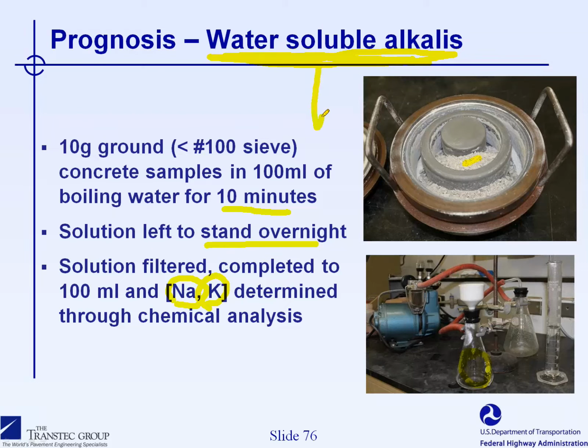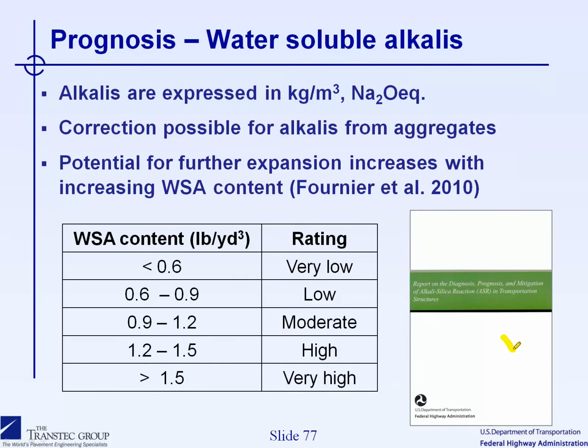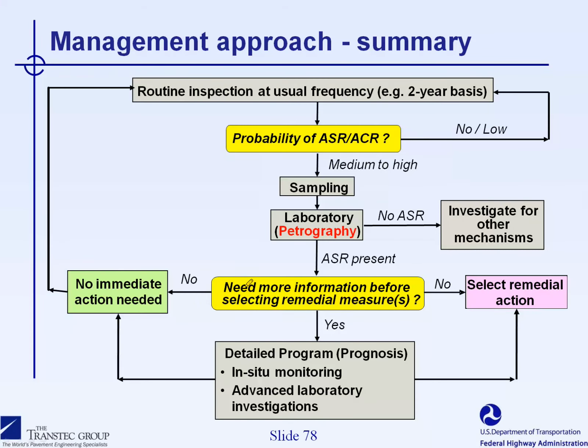And this gives the actual residual water-soluble alkali content in the concrete. And as part of this document, we're providing once again a table for the interpretation of the results of the residual water-soluble alkali content to determine if the potential for future expansion is very low or very high, depending on the amount of alkalis that you measure in the test.